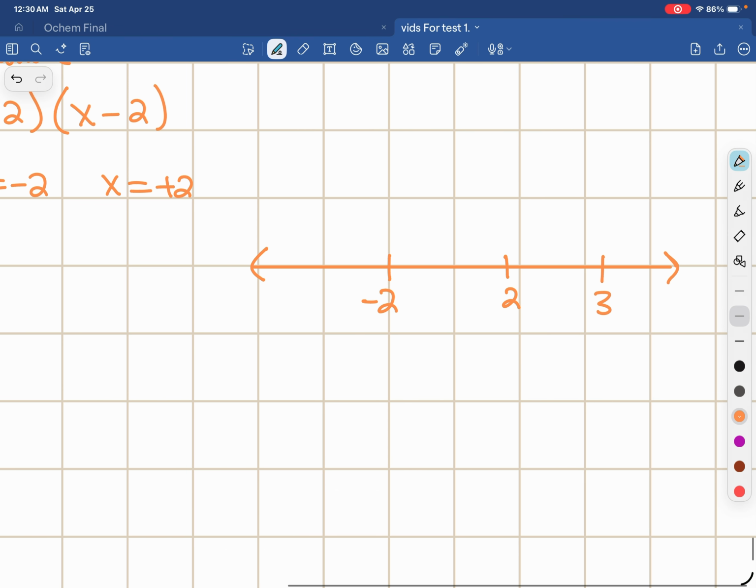And we need to figure out which sections of this number line will work according to what we're looking for. Again, in this situation, we're looking for negative values because we're working with less than 0. And we don't include the endpoints here, so our points are going to be not including.